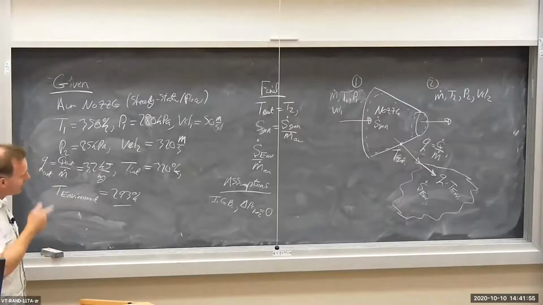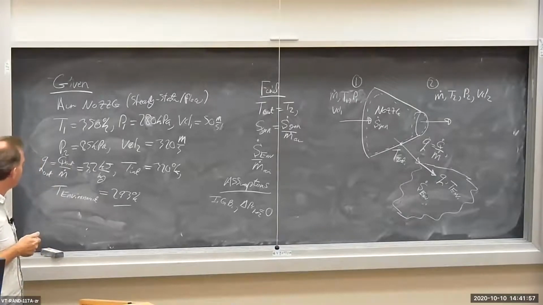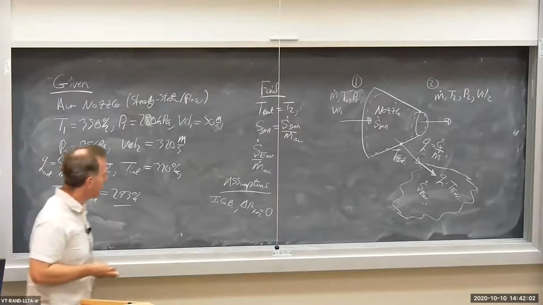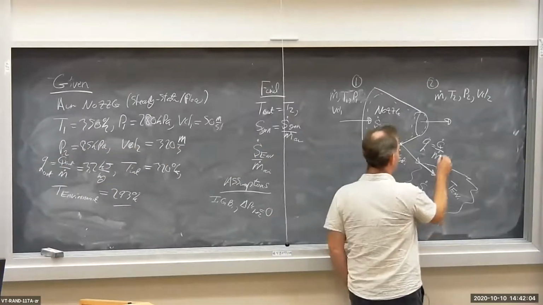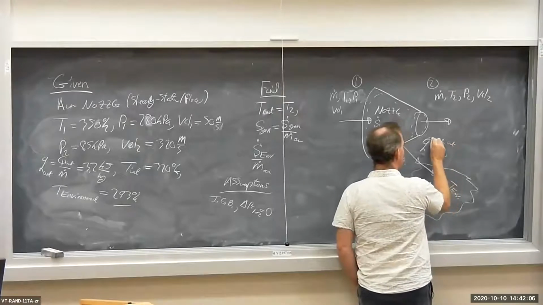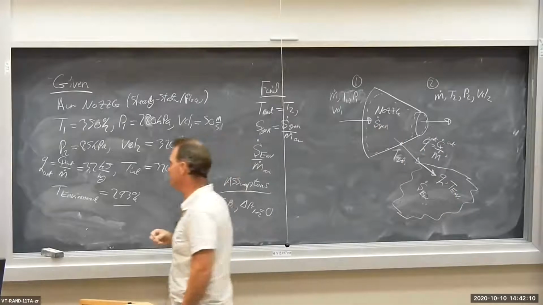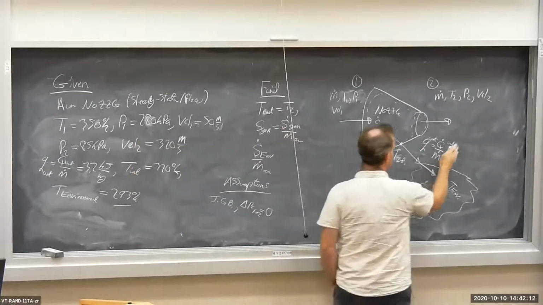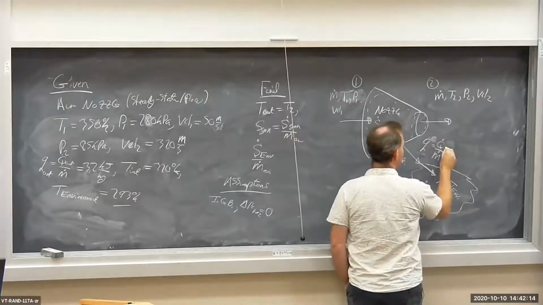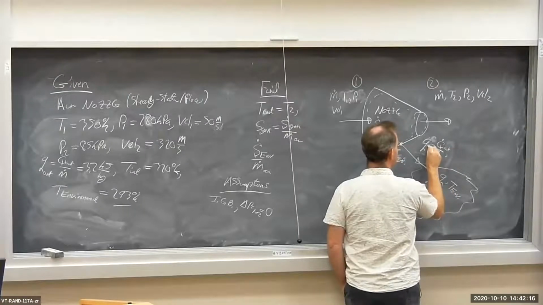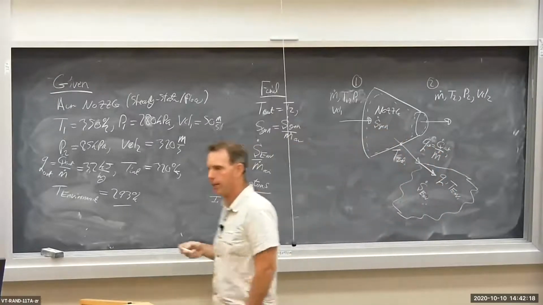I could have put negative Q dot out there, that might have been the way to go. So this is actually Q dot out. I'll call it Q dot out, using a subscript here. Yeah, there we go.